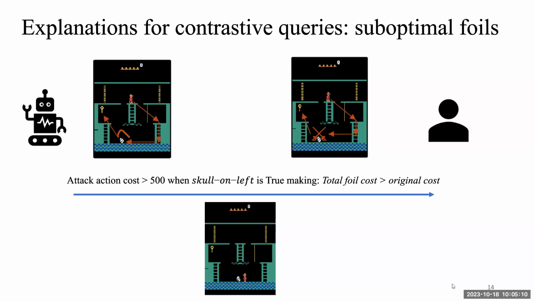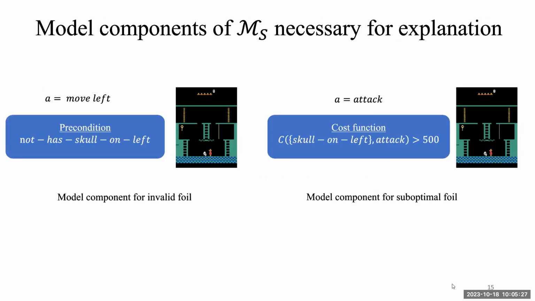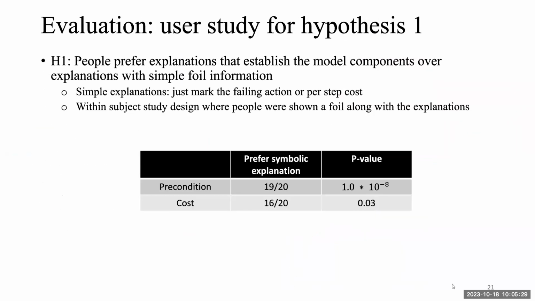So what is the example of conformant? Conformant explanation would in this case have both things, like skull on left and enemy on left. In both these cases, attack action costs greater than 500. Conformant is that if you have two types, so this would be a better example here.